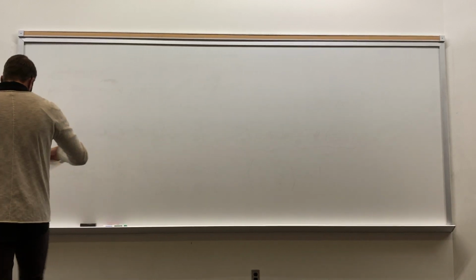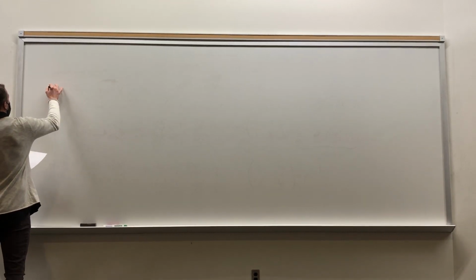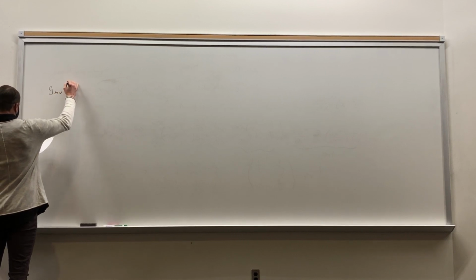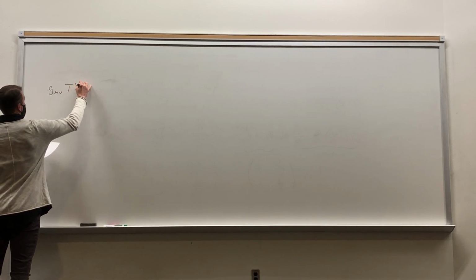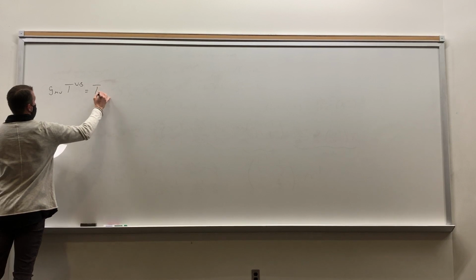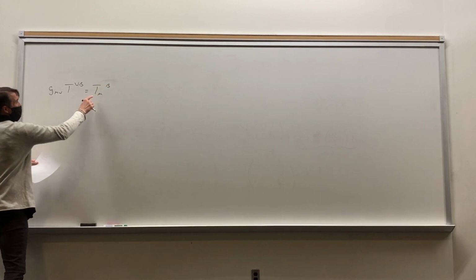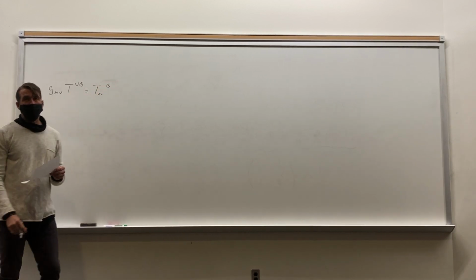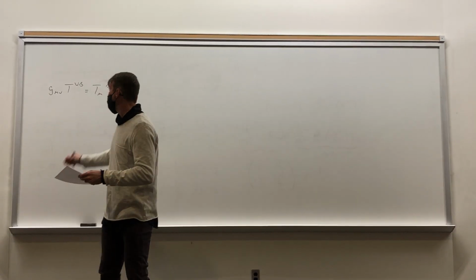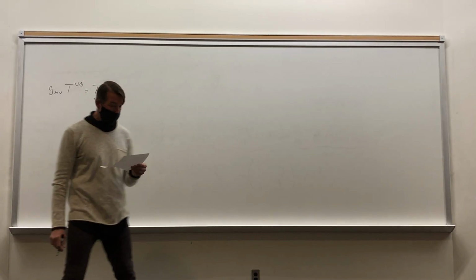So the metric can take a tensor and lower one of its indices, and these are not totally unrelated tensors. And I can apply another metric to lower the second index if I like.